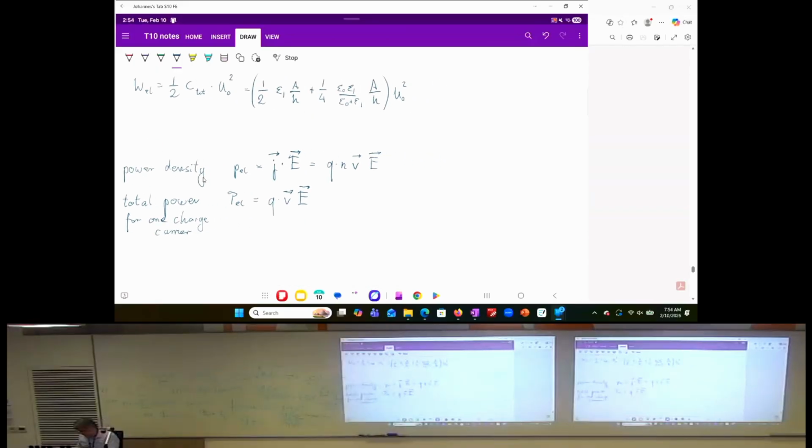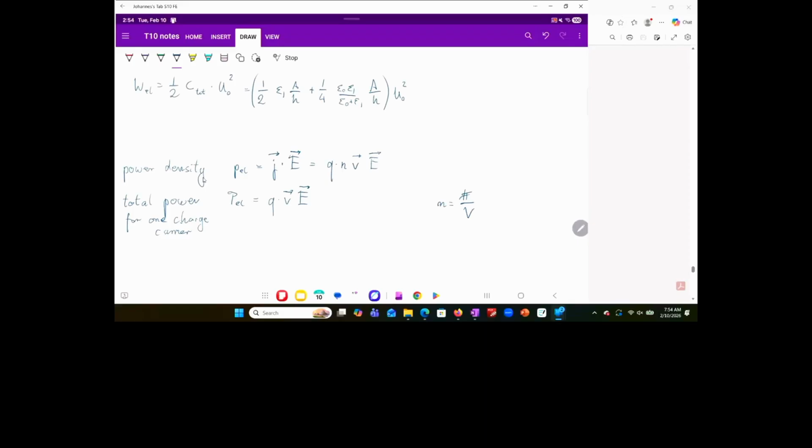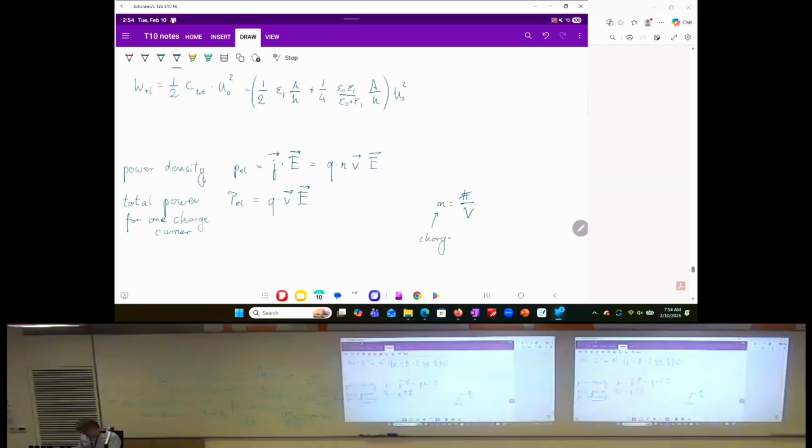So remember, n is the charge carrier density. That is basically a number per volume. n is the charge carrier density. That is the number of charge carriers, and this is per volume.